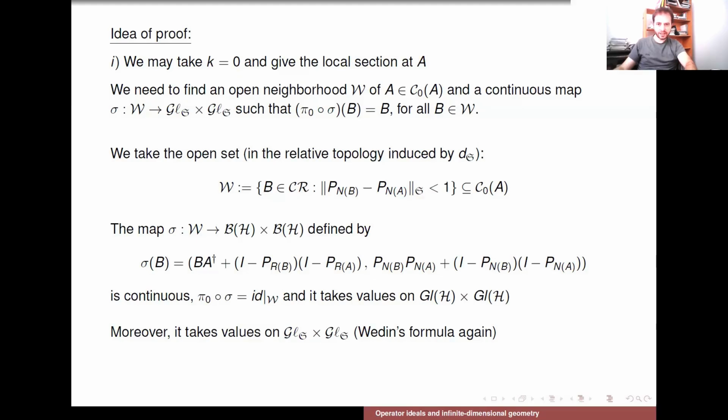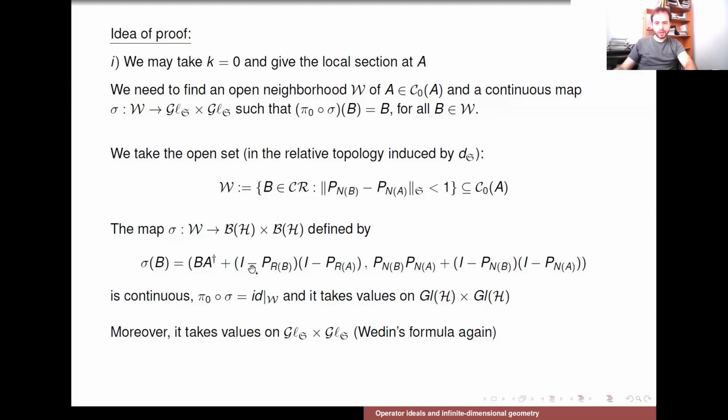I wrote all the details, but please look here. This is the definition of the cross-section. It has two coordinates, the first one is here and the other here. Note that B is moving and A is fixed.